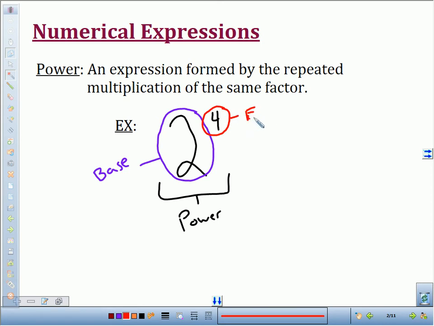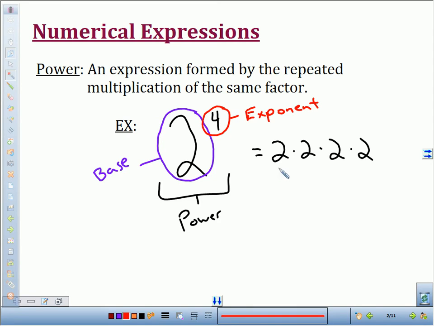Now, the exponent is not exactly what you might think. If you are inclined to be one of the people that would want to multiply 2 times 4 in this case, or add them, or subtract them, or do something like that, that's not correct. That's not the way you deal with a power. What this is literally saying is we have the expression 2 times 2 times 2 times 2.